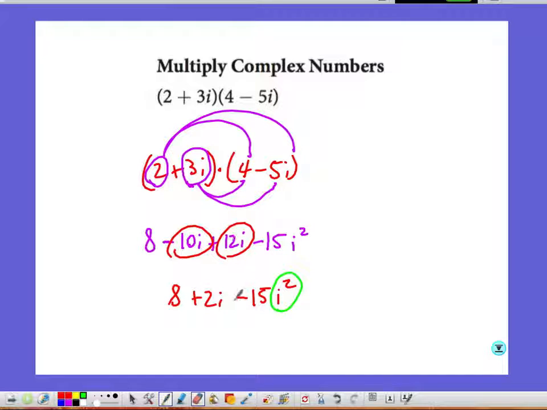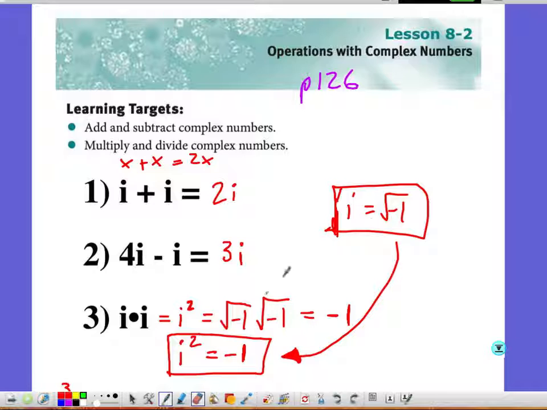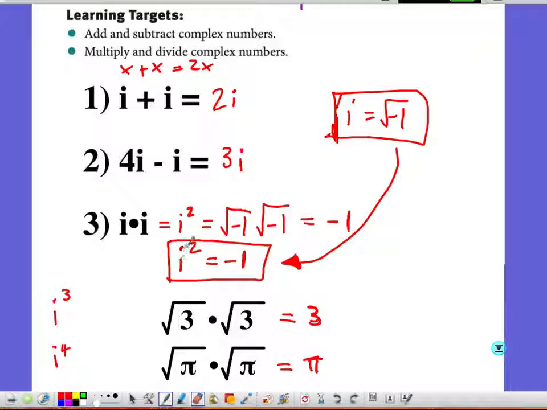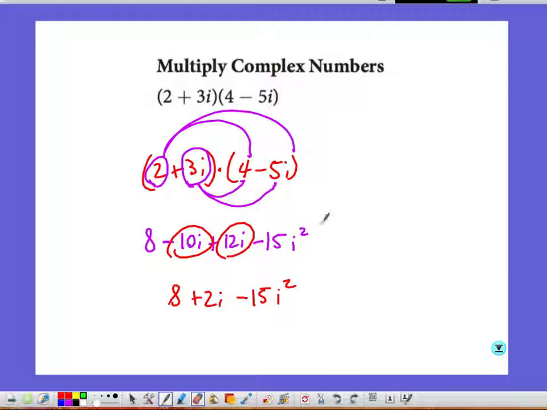Does that look familiar? i squared. It should. i is equal to the square root of negative 1. i squared is equal to negative 1. And so we're going to use that to simplify it even further.